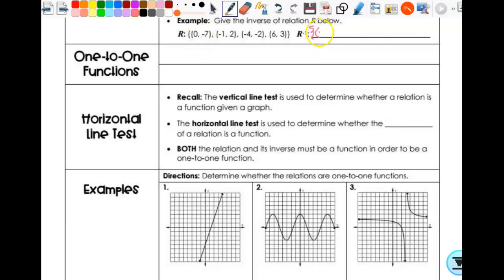So (0, -7) becomes (-7, 0). Then (-1, 2) becomes (2, -1). Then (-4, -2) becomes (-2, -4). And (6, 3) becomes (3, 6). It's that easy.